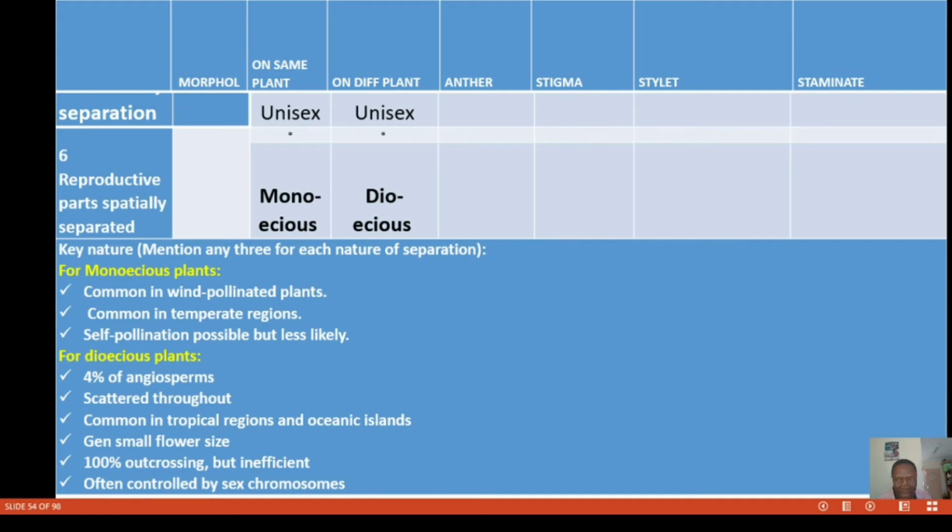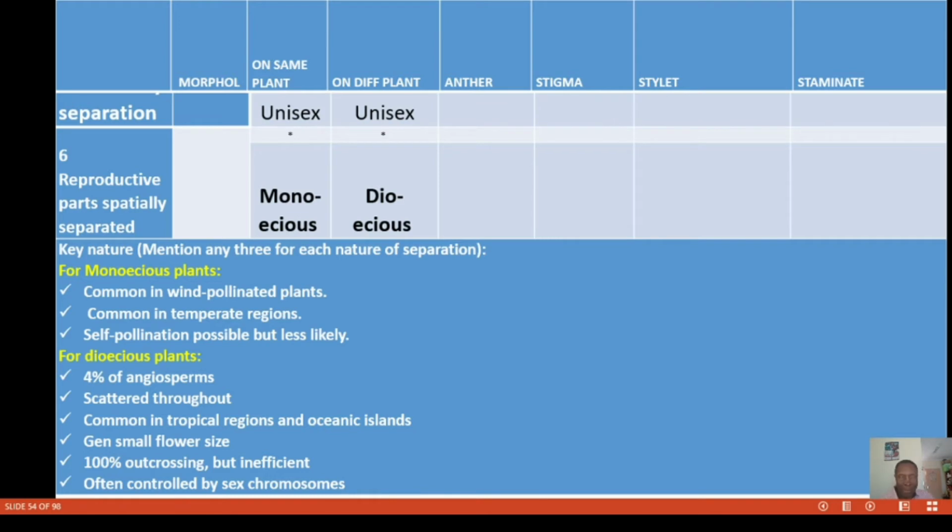And those plants are 100% outcrossing, fairly inefficient because of the expected loss of pollen, because wind may simply waste the pollen.